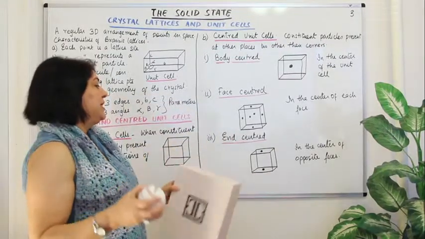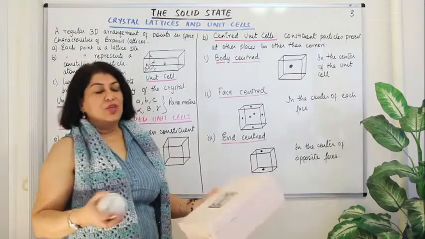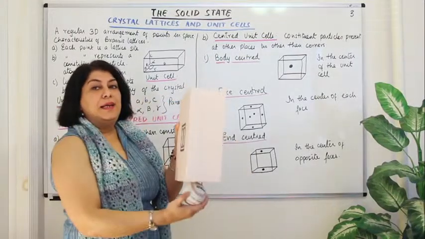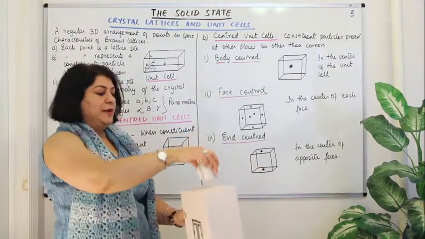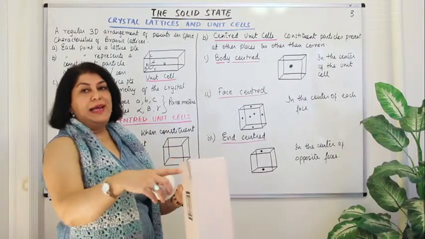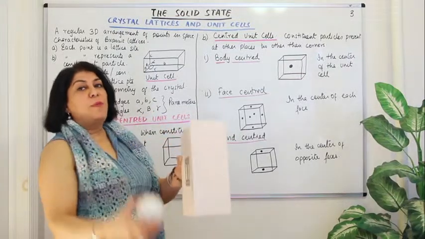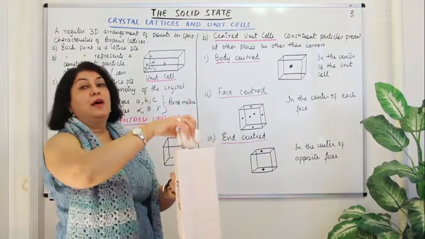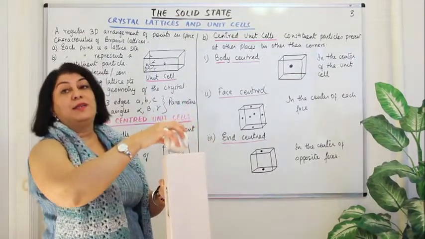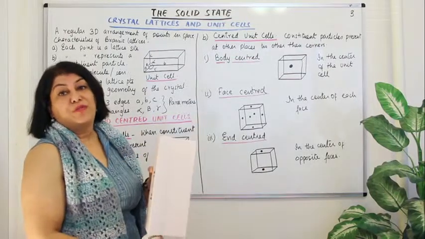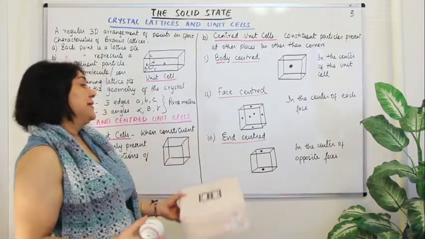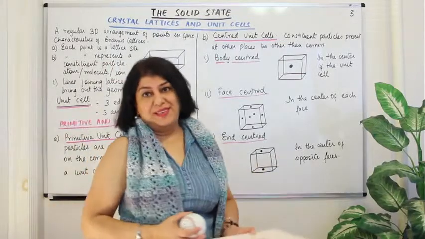It could form 3 types of end-centered, but end-centered means the usual lattice points are occupied, and there are 2 opposite faces which have a constituent particle in the center of the faces. So that makes an end-centered unit cell.